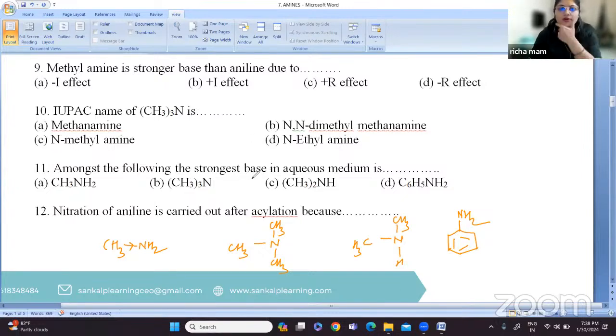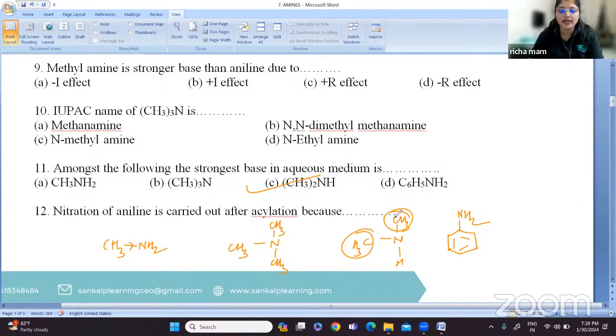Among the following, the strongest base in aqueous medium is methylamine, N,N-dimethylmethanamine, and so on. So here it will be C. The answer will be dimethylamine.